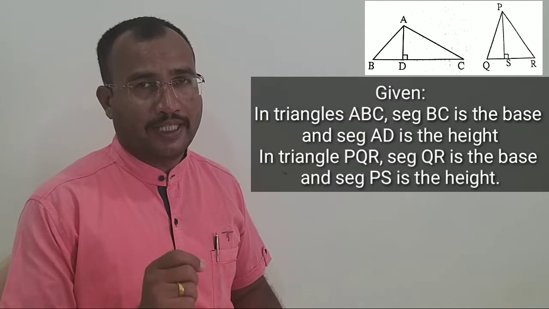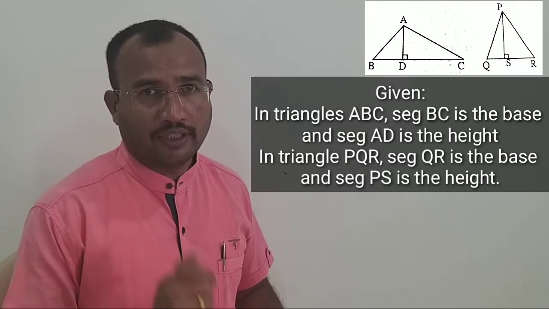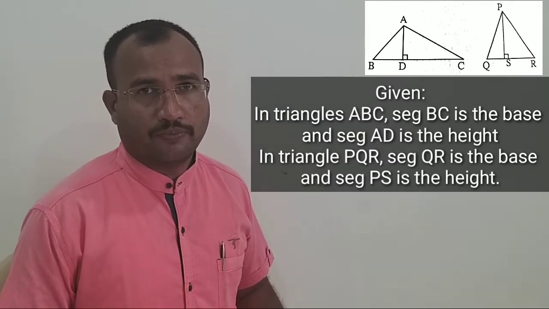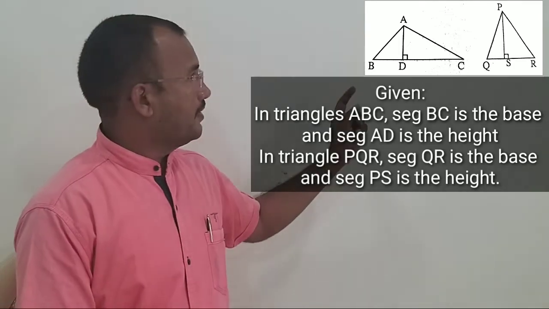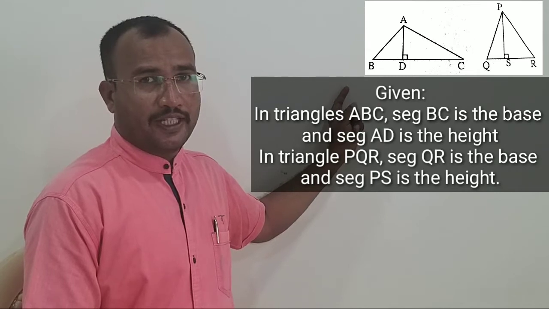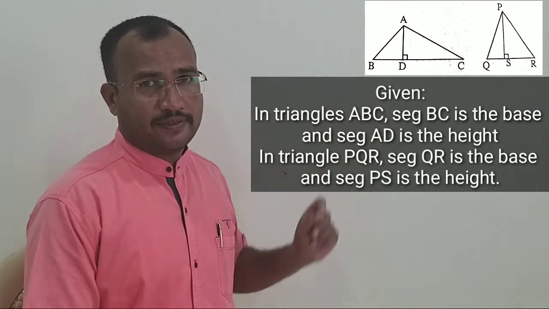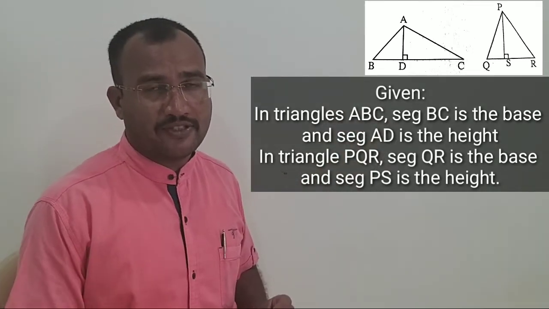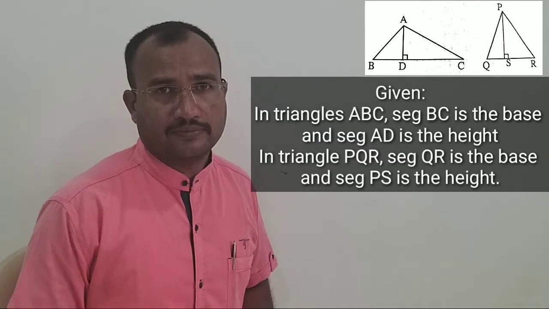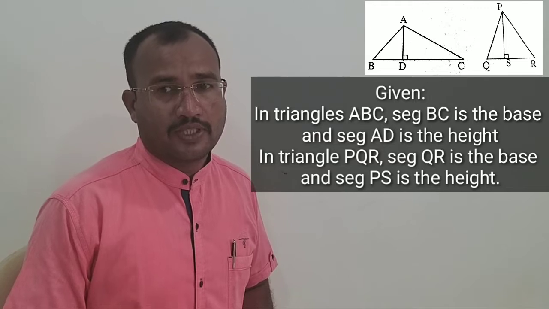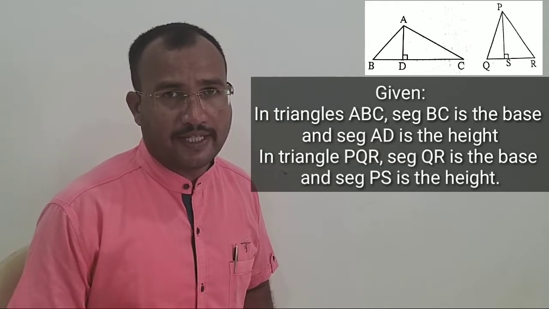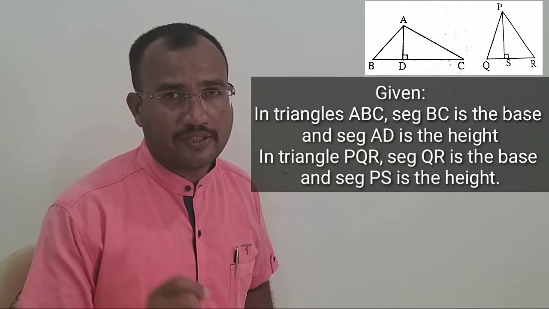First, we write the given. In triangle ABC, seg BC is the base and seg AD is the height. In second triangle, seg QR is the base and seg PS is the height.